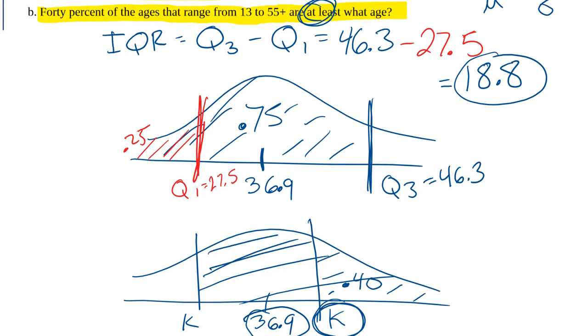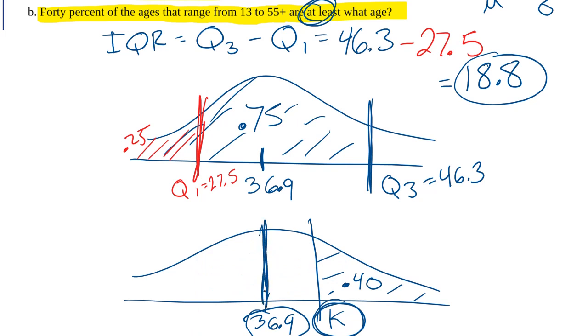This is more than 40%. How do I know that? Remember that the mean is the halfway point, so this in red is 50%. I know it's less than 50% because 40% is less than 50%. So whatever K is, it must be some number more than the mean.